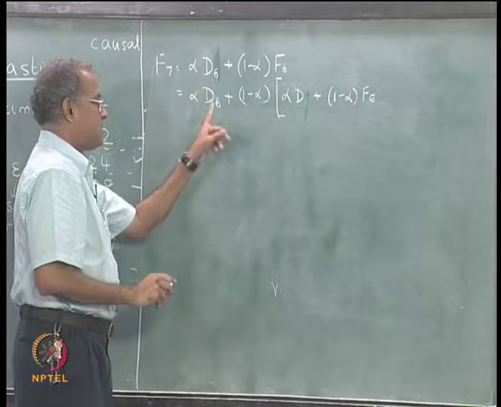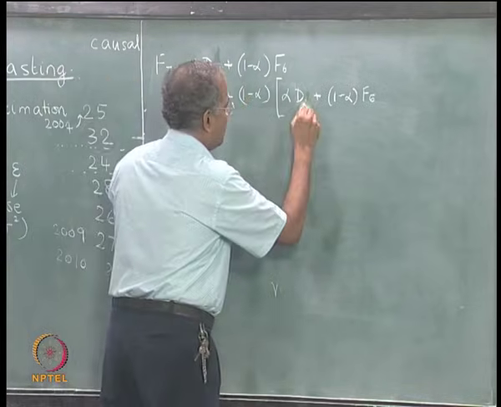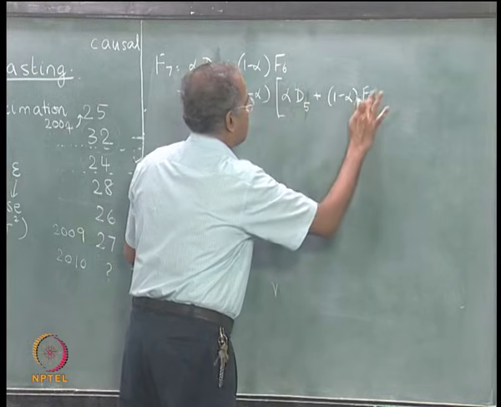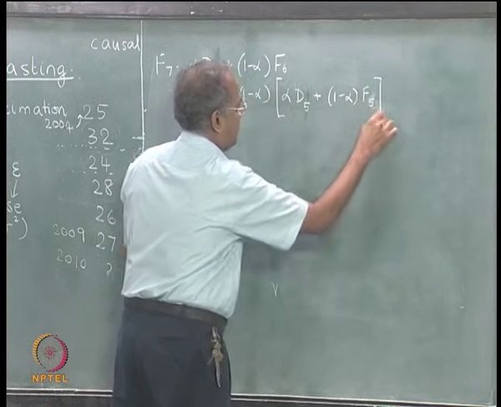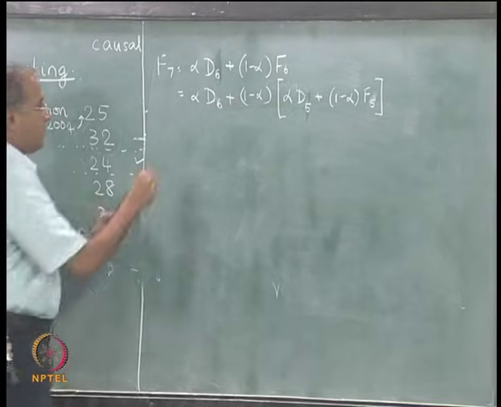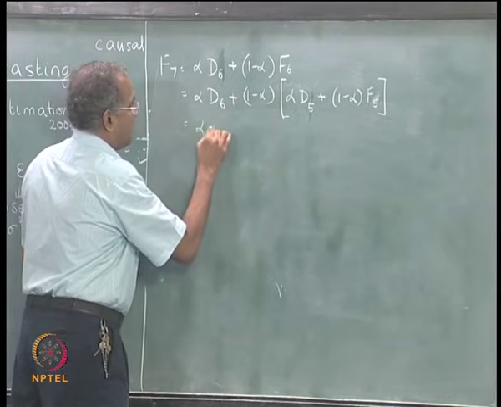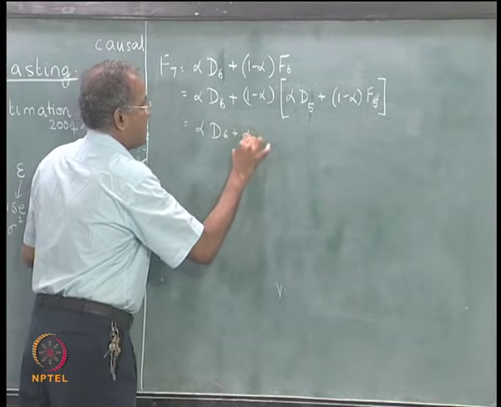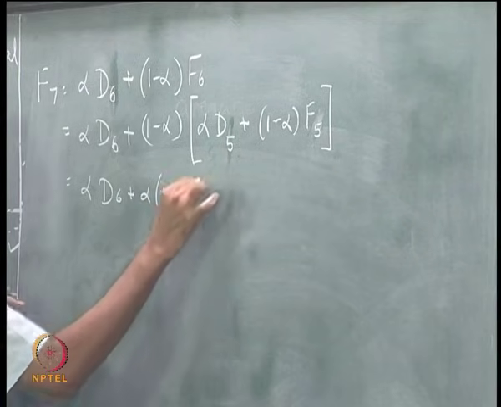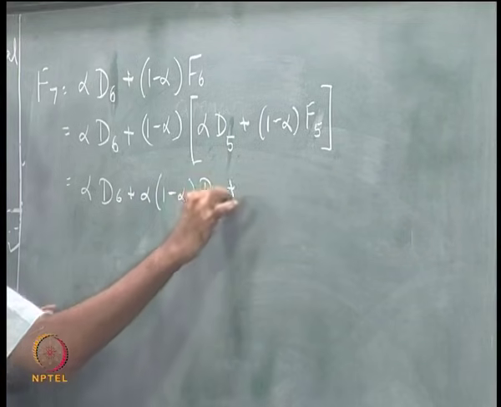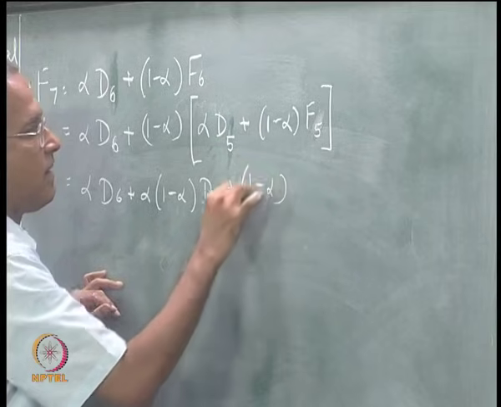So, alpha D6 plus 1 minus alpha into alpha D5 plus 1 minus alpha F5. This on simplification will give alpha D6 plus alpha into 1 minus alpha D5 plus 1 minus alpha square F5.